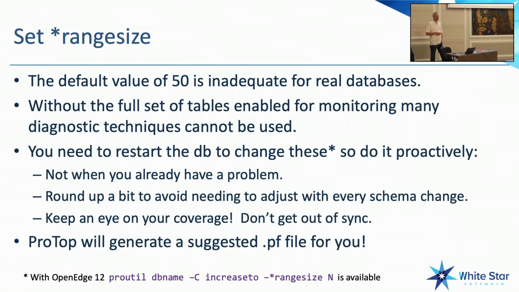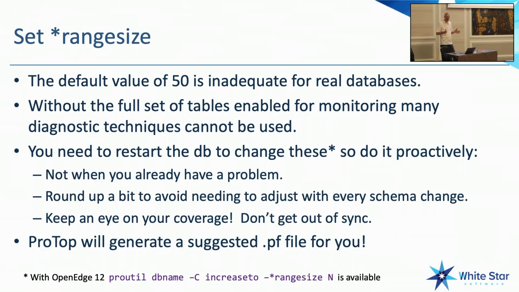Another tip for you is to set the range sizes. If you have a busy system with a lot of stuff going on, one of the things that you really want to know is where is that activity? What tables, what indexes are being used by the application, and is that an appropriate usage for what I expect the application to be doing? Well, you can't really see that unless you have the table range sizes and the index range sizes set large enough to capture the metrics that go with that. The default is to only capture 50 tables and 50 indexes, which is not enough for the sports database.